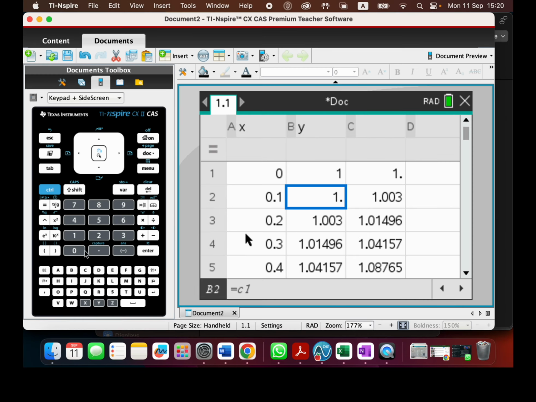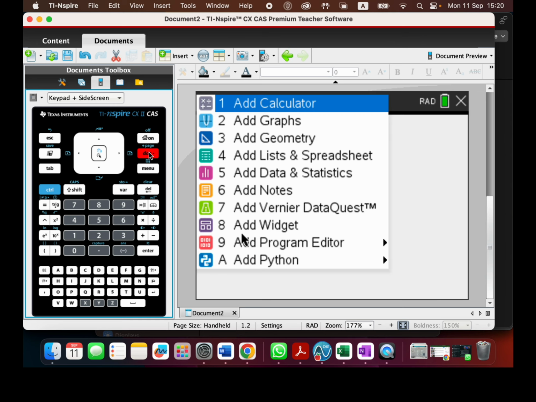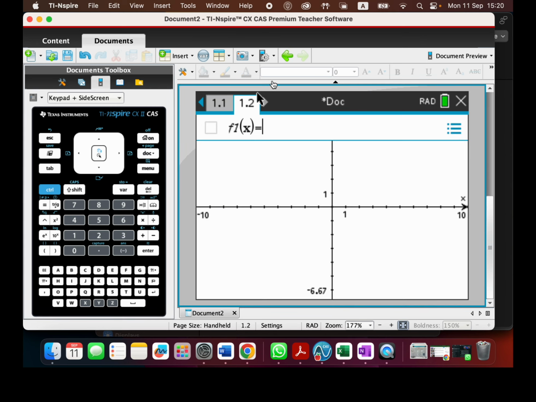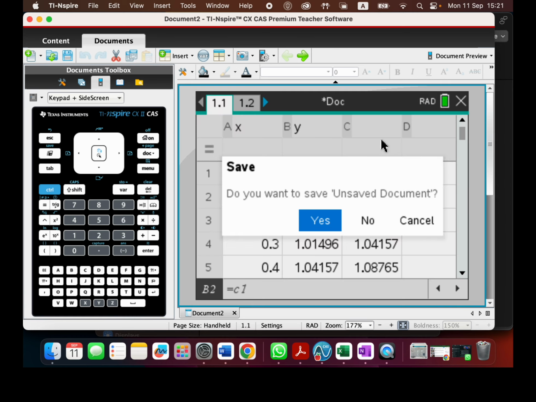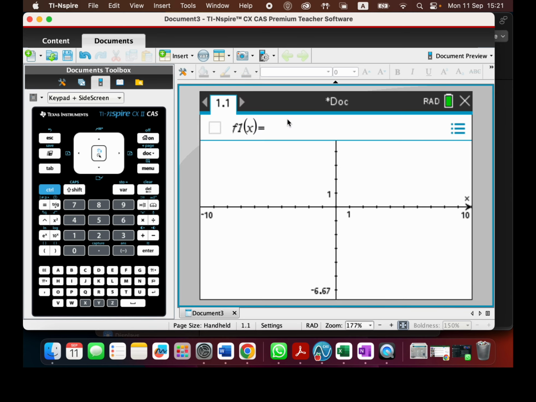So on my calculator, I am going to start a new page. I'm going to add a graph, and I'm going to do x squared plus x. Oh, I don't want you to be x. Sorry. New document. No. Add graph. Sorry. X squared plus x divided by 2, and then all of that times 3 to the x minus 1.